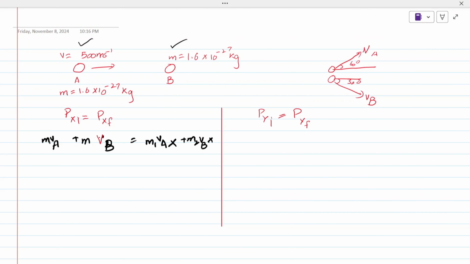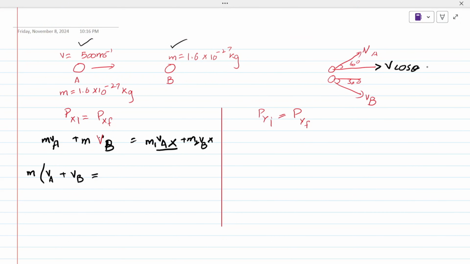What is the value of m? We don't care, the masses are equal, so we can take m common and cancel it. Mass times vA plus vB must be equal to vx. What is vx here? It is v cos theta, isn't it?